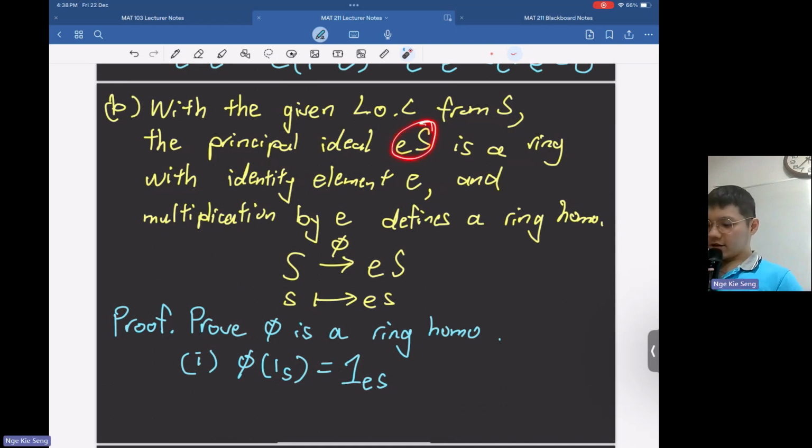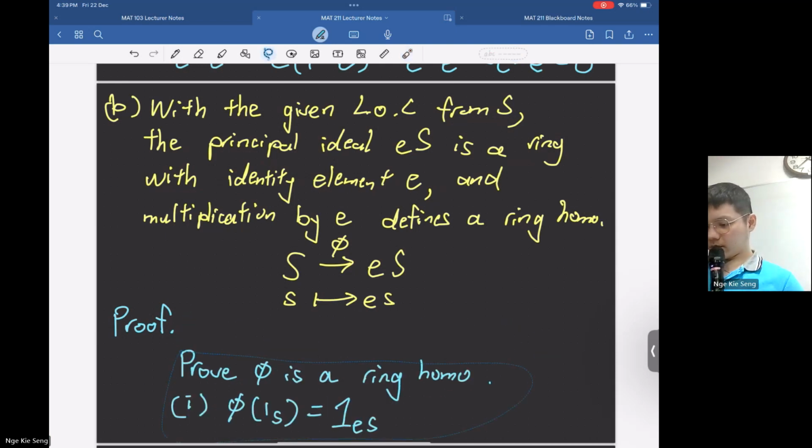In EX, all the elements are E times x. Okay, every element is E times x. So what's the thing that multiplied with EX gets back EX? x in EX, okay.